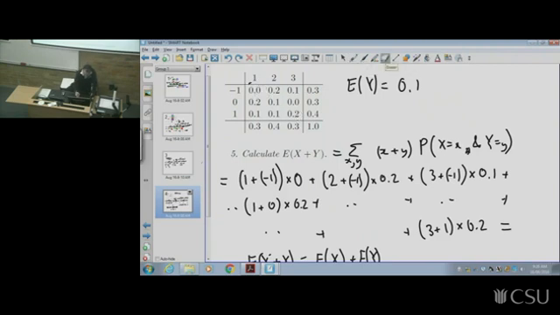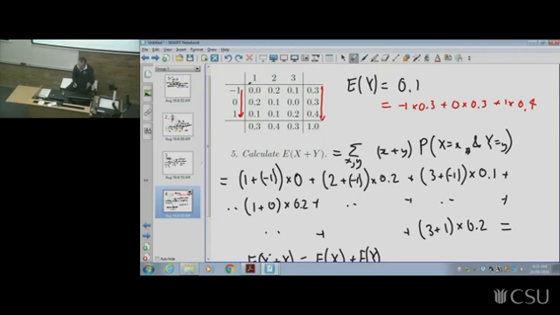As you're saying, it's basically going through all the different y values, so -1, 0, and 1, and all the probabilities that match up with them. Just take the product of each of them and add them up. So it's -1 times 0.3 plus 0 times 0.3, just going down the values, plus 1 times 0.4.